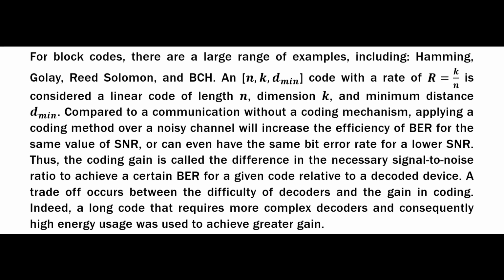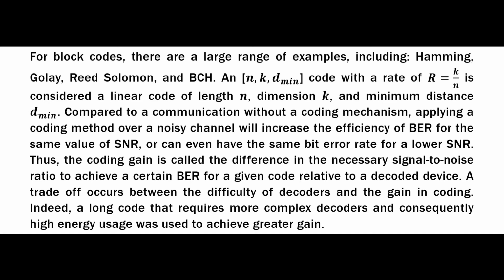We can conclude that without a coding mechanism, applying a coding method over a noisy channel will not improve the BER for the same value of SNR, or can even give the same bit error rate at a lower SNR, which is not good.